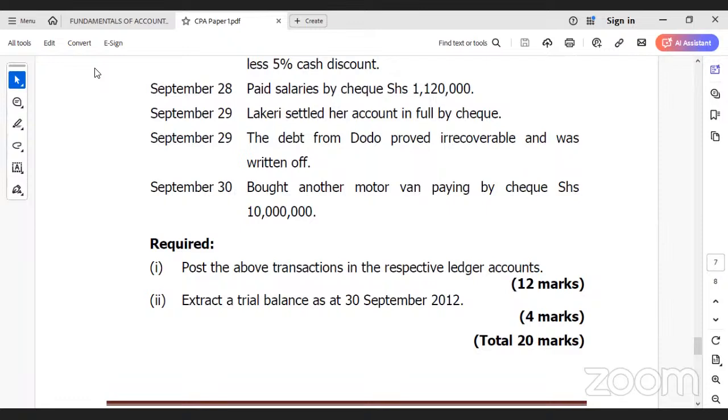What do we do in that case? Luckey's account reduces, you credit, and then the bank increases. So you debit the bank account, right? Debit the bank account, then you credit Luckey's account.